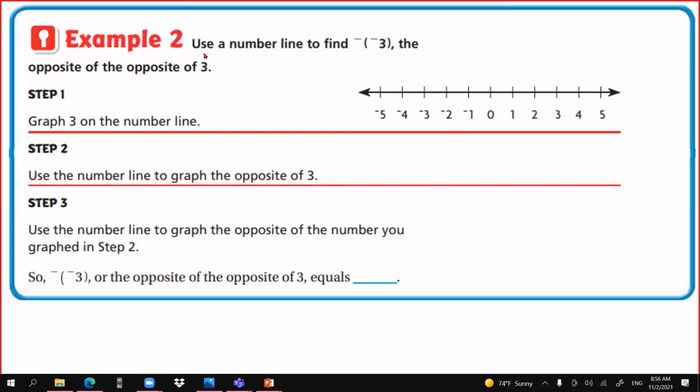Let's now see how we can write the opposite of the opposite. Use a number line to find the opposite of the opposite of 3. What do I mean? The opposite of negative 3, sorry. First, what is the graph of 3 on the number line?